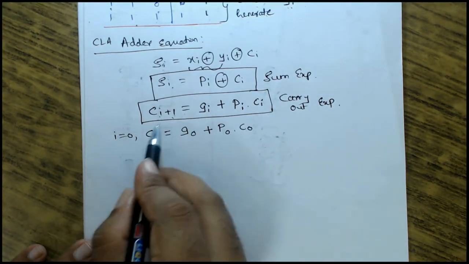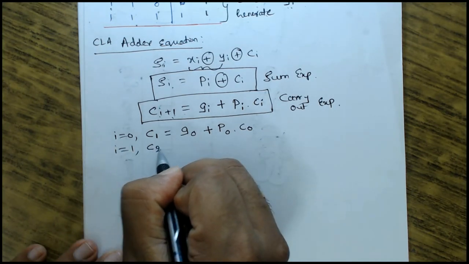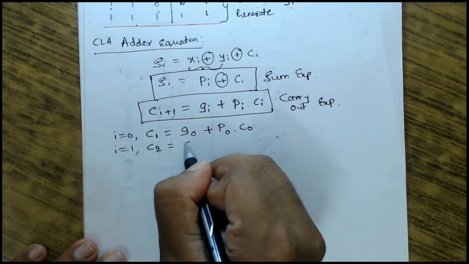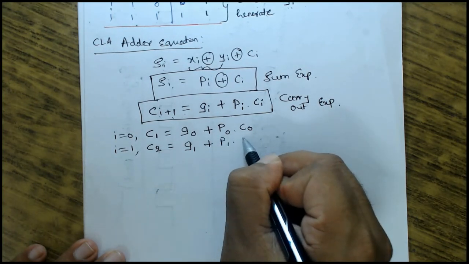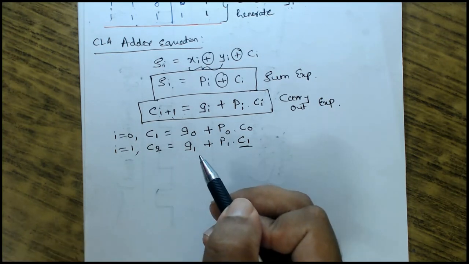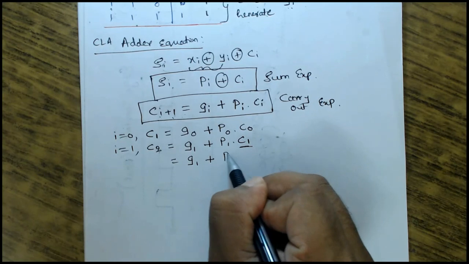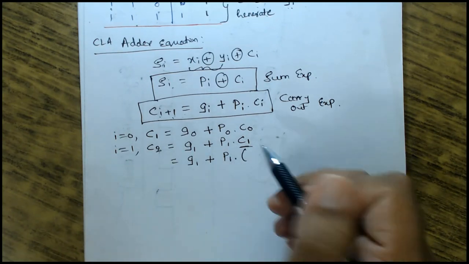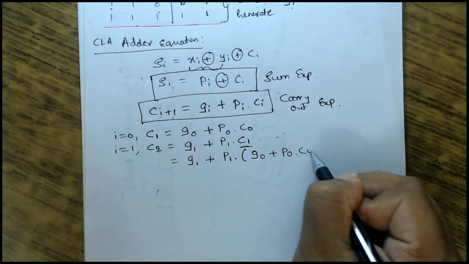I just substituted i equal to 0. Now when i is equal to 1, it will be C2 is equal to G1 plus P1 dot C1. C1 is already computed, so I replace C1 with the already computed expression: G1 plus P1 dot, in place of C1 I write G0 plus P0 dot C0.